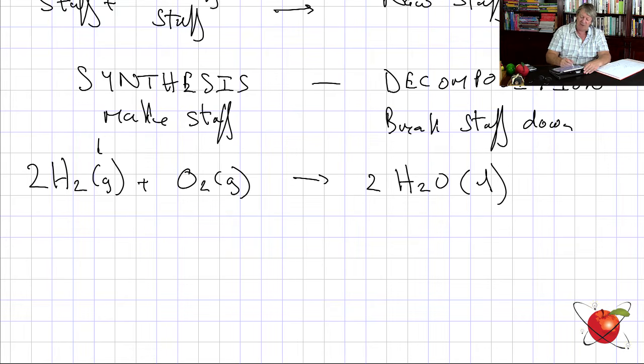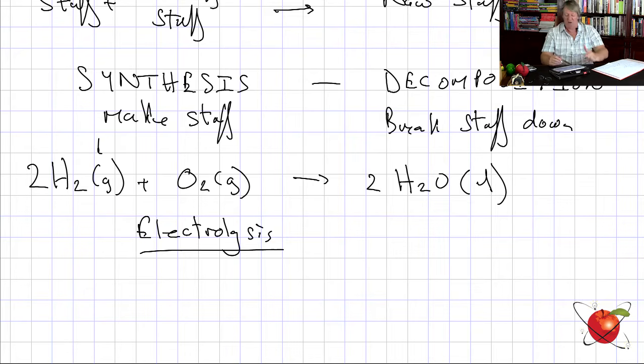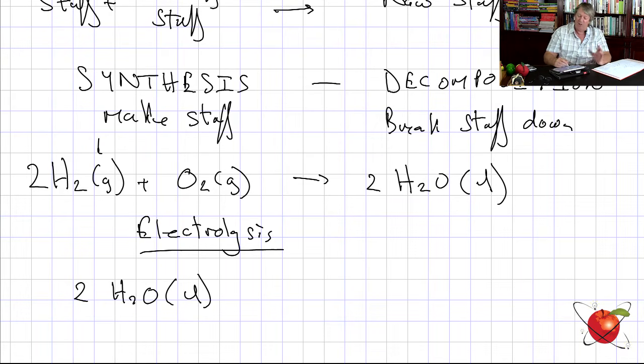But what was electrolysis? Electrolysis was the breaking down. We took the 2H2O liquid, we added a little bit of acid to make it into an electrolyte. The electrolyte carries current, right? And it broke down and we ended up getting what? Hydrogen gas, and we got O2 gas bubbling off.